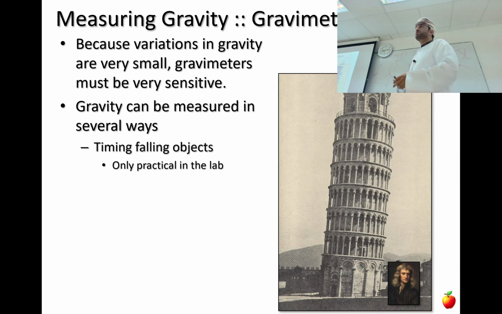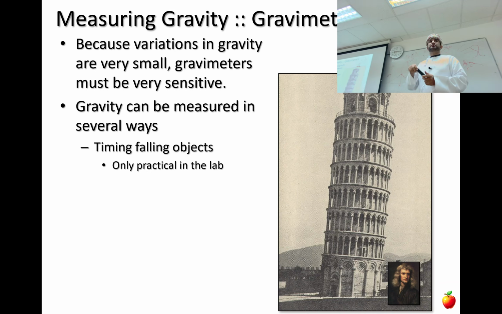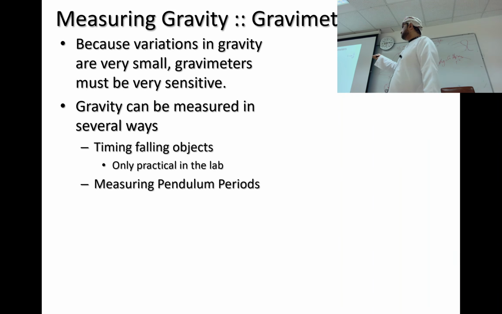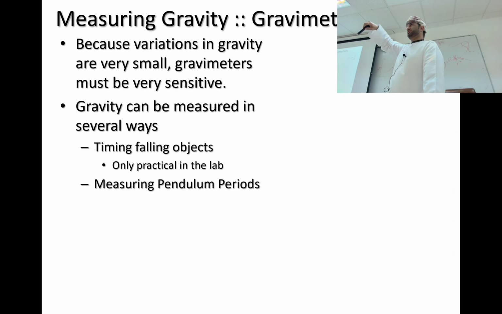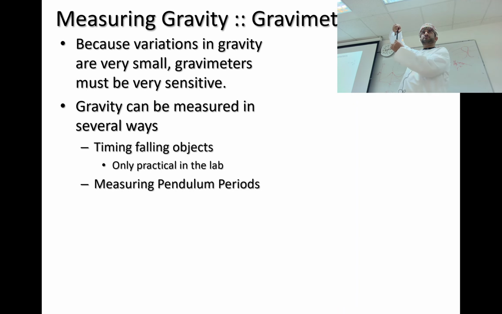The other way is the pendulum. You measure the period, how long the pendulum takes for one period, ignoring any resistance. That's the equation, 2 pi square root of L over G. What's L? The length of the pendulum.